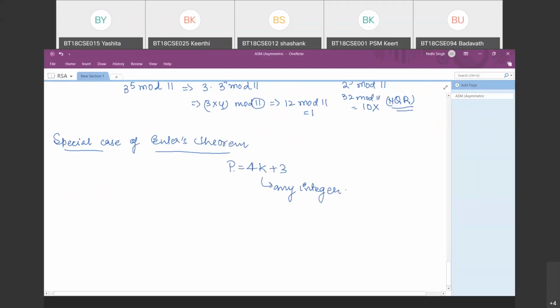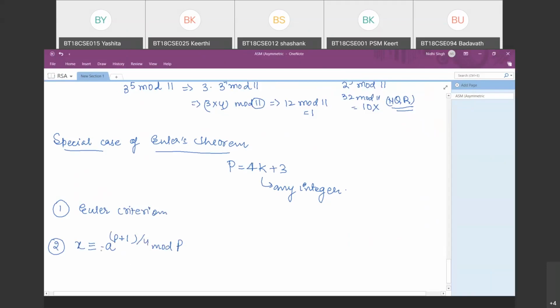If it is true, then first you have to apply the Euler criterion to judge whether the solution is possible or not. And once it is found that the solution is possible, then you have to apply one formula, x equal to a to the power (p plus 1) divided by 4 mod p.